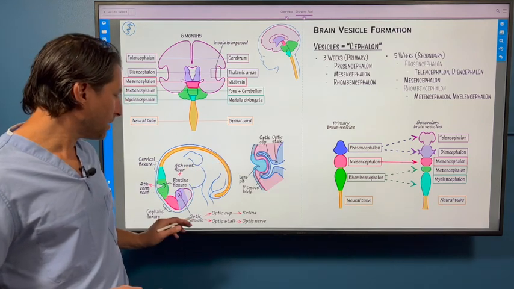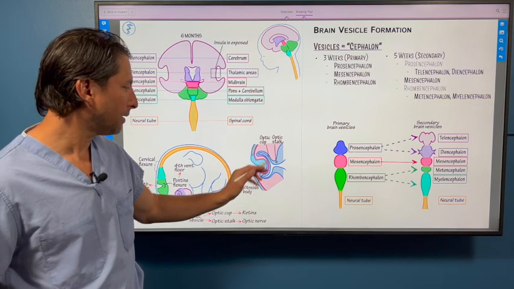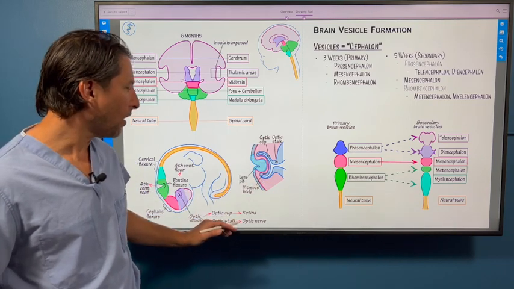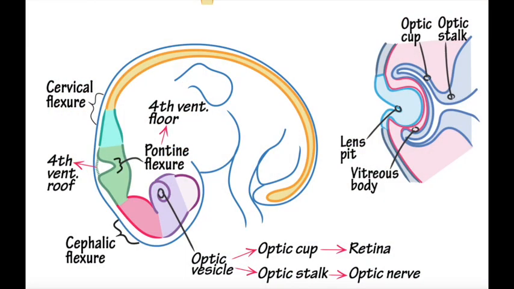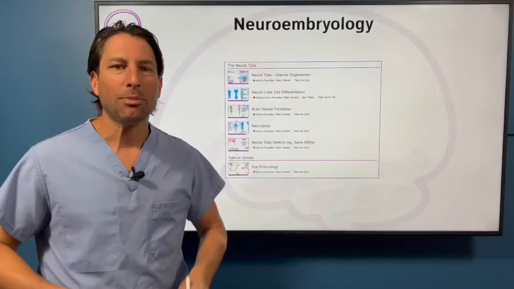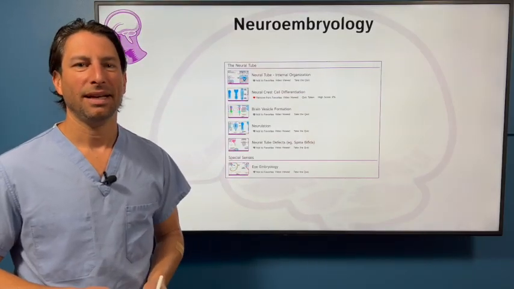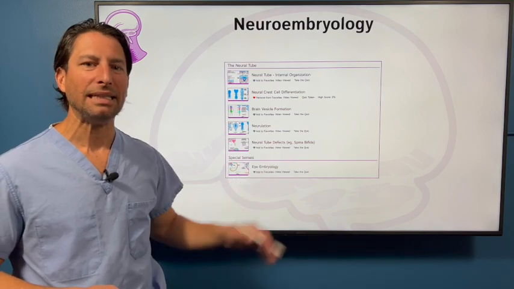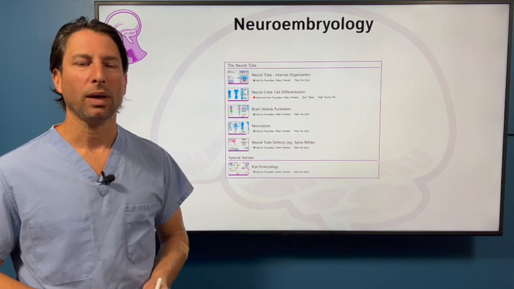Finally, the optic vesicle forms an optic cup, which forms the retina here, and then has an optic stalk, which forms the optic nerve here. So that's some key embryology. That's where the nervous system comes from. And when you study this in detail, you can really get a sense of how things pattern and how they organize themselves.